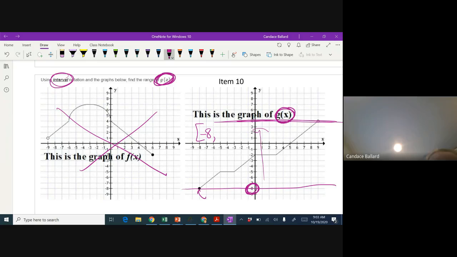My very last y value looks like it's 4, and since that's open, I would use a parentheses. And again, not a ton of work, right? For your work, you would write the interval. When you go to do your test corrections, I think I say you have to explain why you got it wrong, okay? So analyze what the right answer is and explain why you got it wrong.